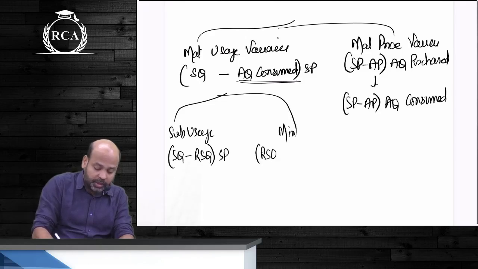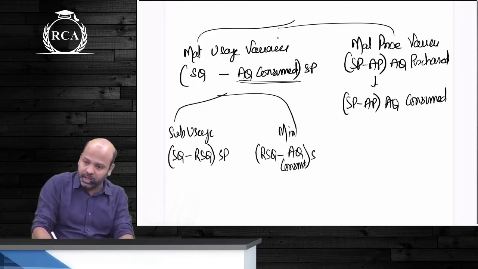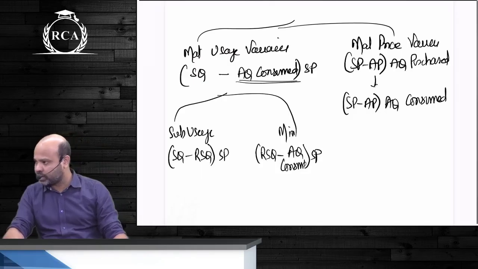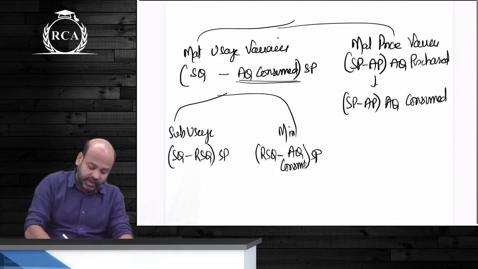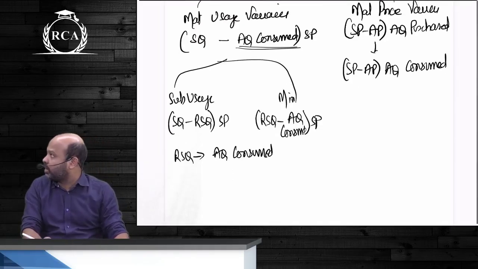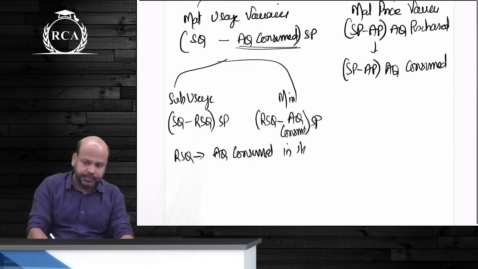It should not be based on AQ purchased. There's no sense in comparing AQ purchased with standard quantity or actual quantity consumed. That is why this revised standard quantity will always be based on AQ consumed, in standard mix. Are you all following?